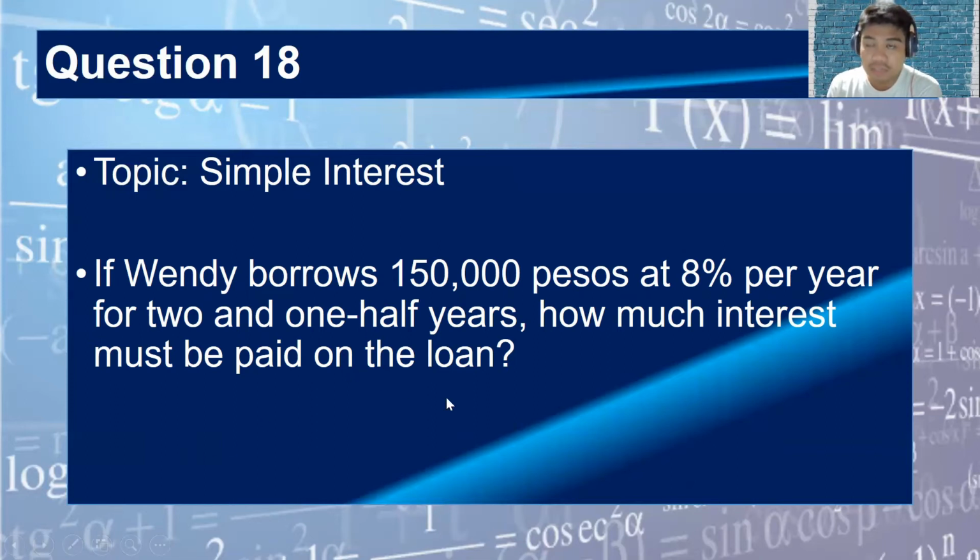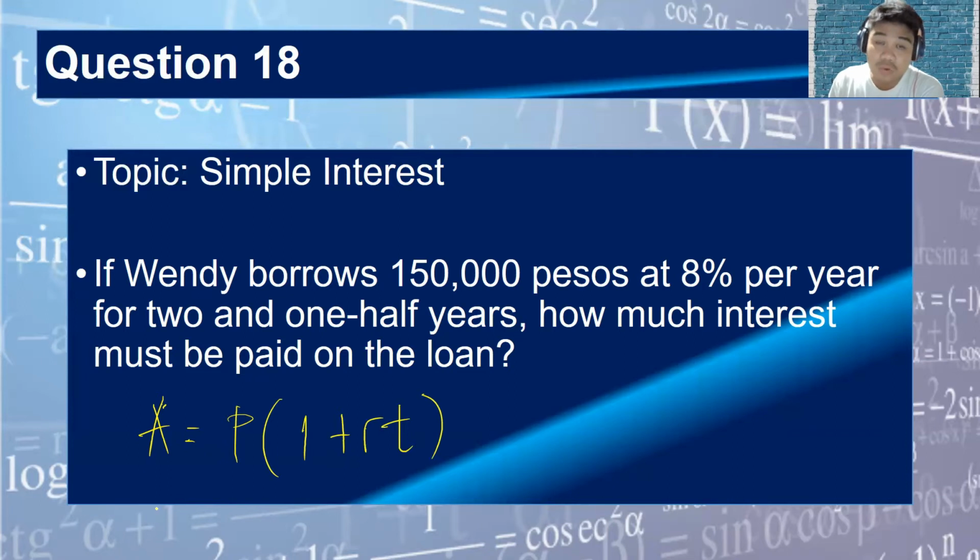As we know, our formula for simple interest is A is equal to P times 1 plus RT, where A is the total accrued amount, P is the principal, R is our rate in percent, and T is time in years.